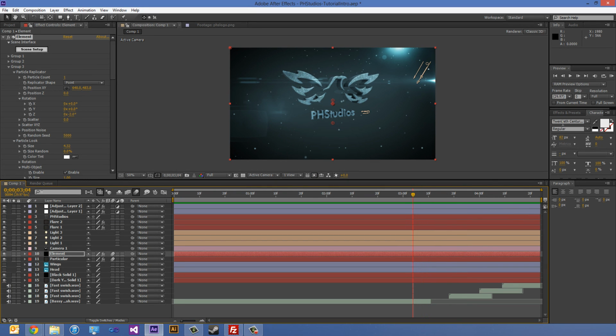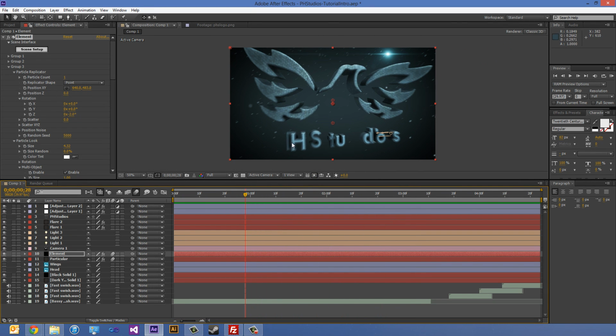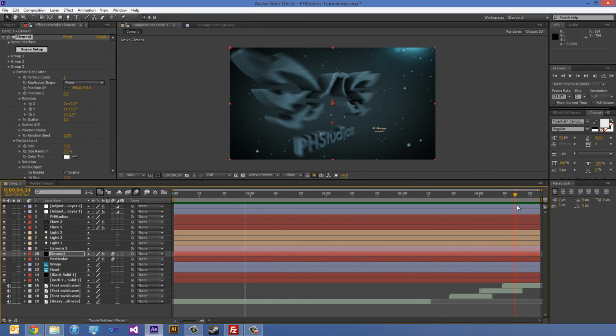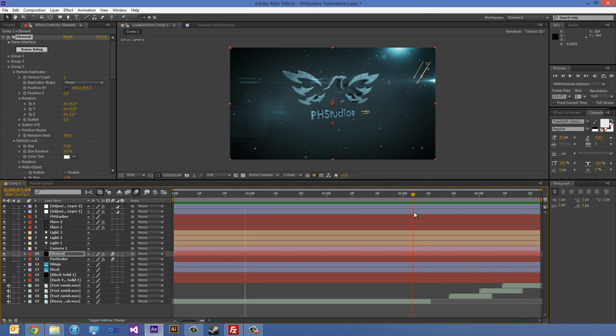That's using 20th century font. And I then used Element to extrude the font. And then I push the letters around. And these wings are separated. Everything goes into place. And then it rotates. And then I have a few lens flares, one up here, one back there.